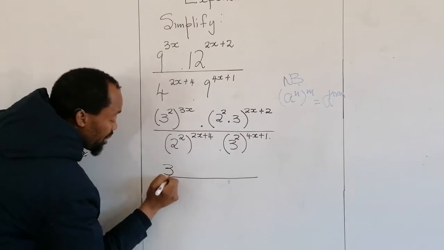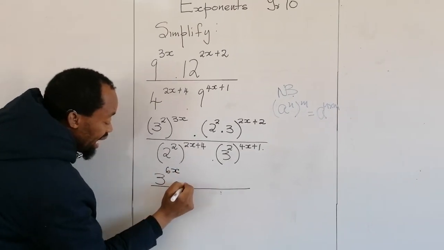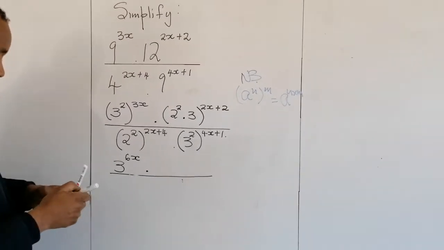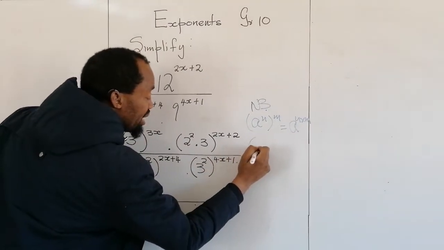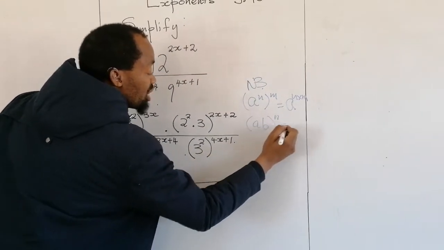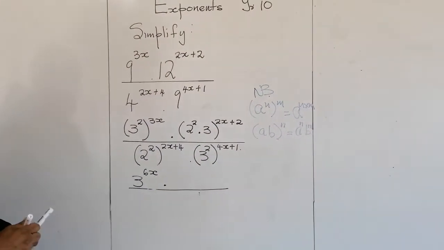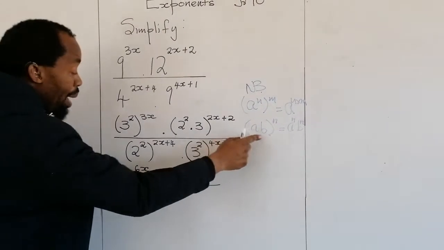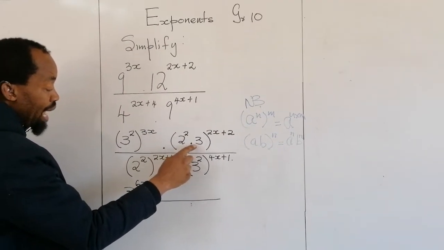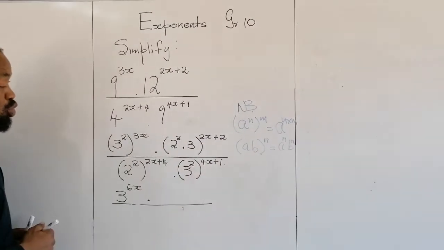I'm multiplying 2 by 3x, which is 6x. I have applied that law. Now, another one that you must remember is different base, same exponent. That is a to power n, b to power n. I'm about to apply this one here. That is 2 to power 2 times 3 raised to power 2x plus 2.